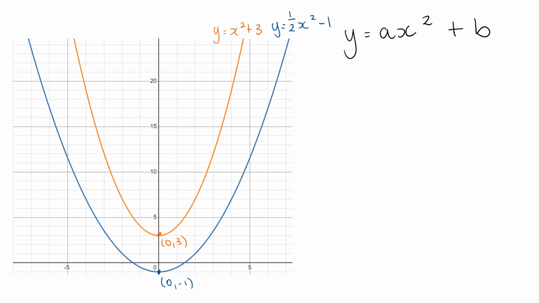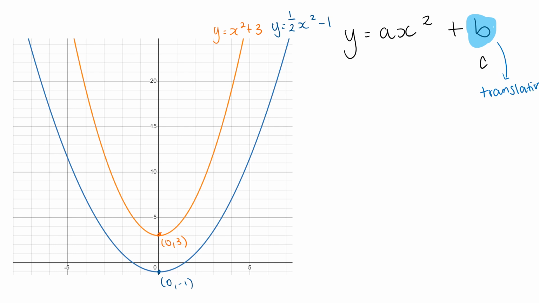Now, if we move on, we now have our y equals ax squared plus b form. So these ones are when we've taken this b, which is the c from before. So you might want to write this as ax squared plus c instead, okay, if you don't want to get those confused. Now, what's happened here is this is called a translation.